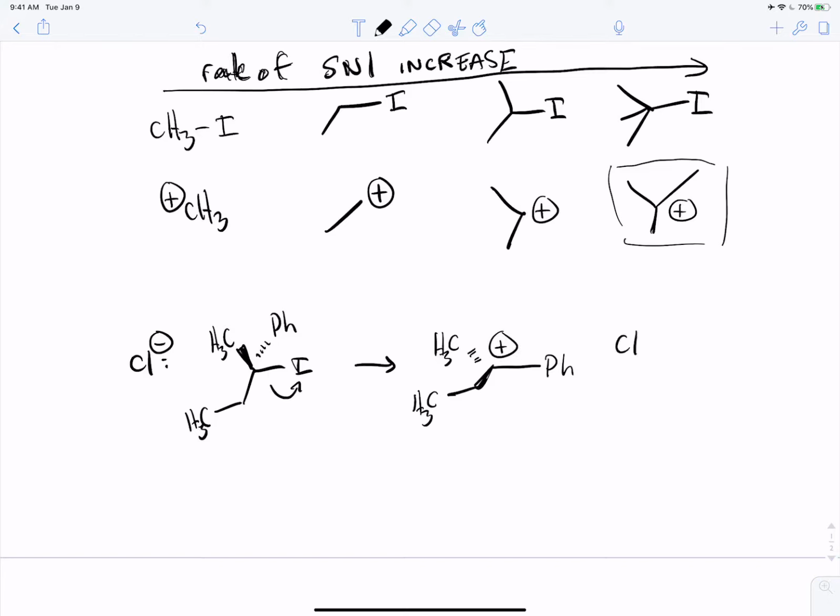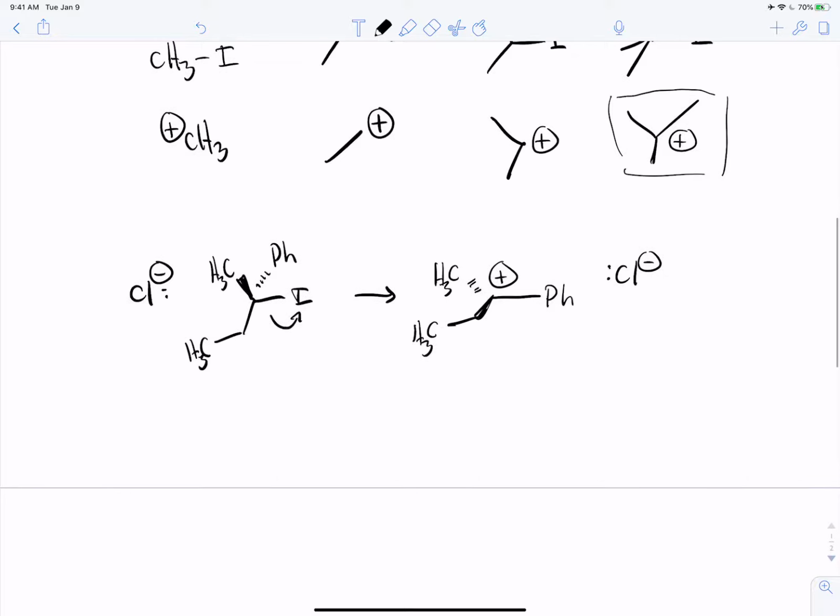And then what's our product going to be? Well, the probability of the chloride attacking from the top is the same as the probability of attacking from the bottom. And so what we're going to end up seeing is just a 50-50 split here. Okay?